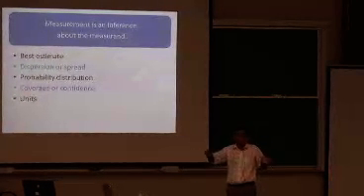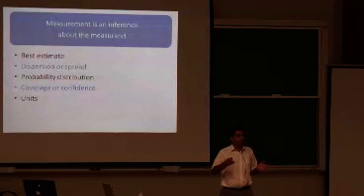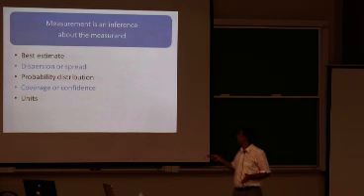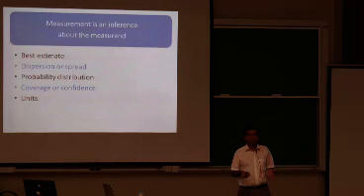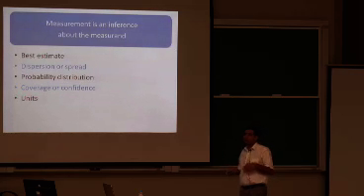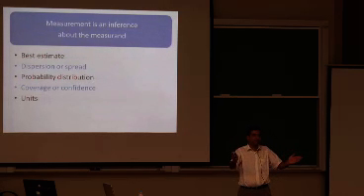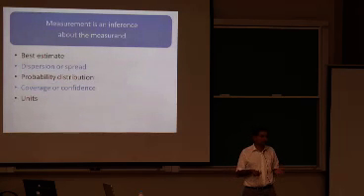What's the dispersion or spread of the values, which means the possibilities of uncertainty, how spread out is your value, and you would like to associate a probability distribution with it. And you would like to tell what confidence you have in the best estimate and the spread that you've specified. And finally, you would like to tell what the units are.